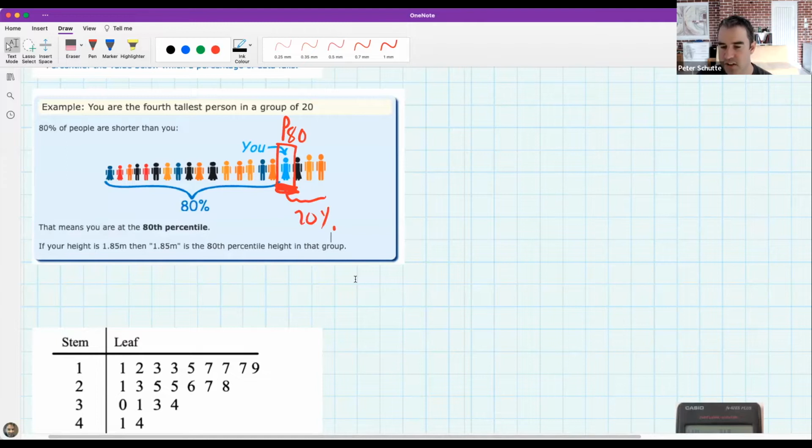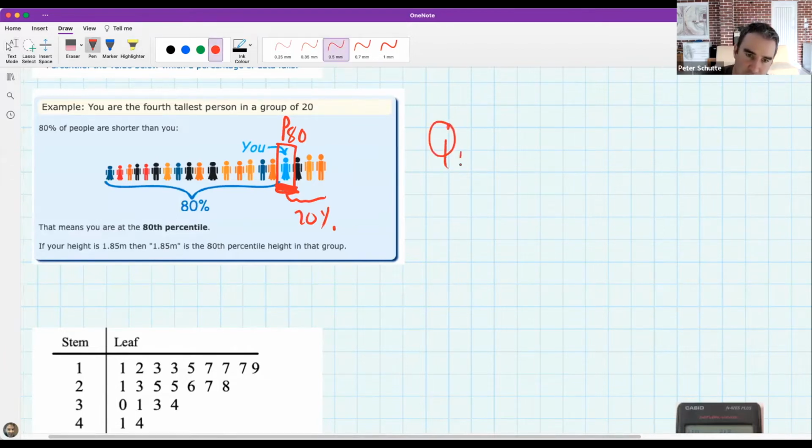So we could say the second quartile is the 50th percentile because essentially it's the same thing. Or we could say Q1 is the same as the 25th percentile because it's a quarter of the way through the data.